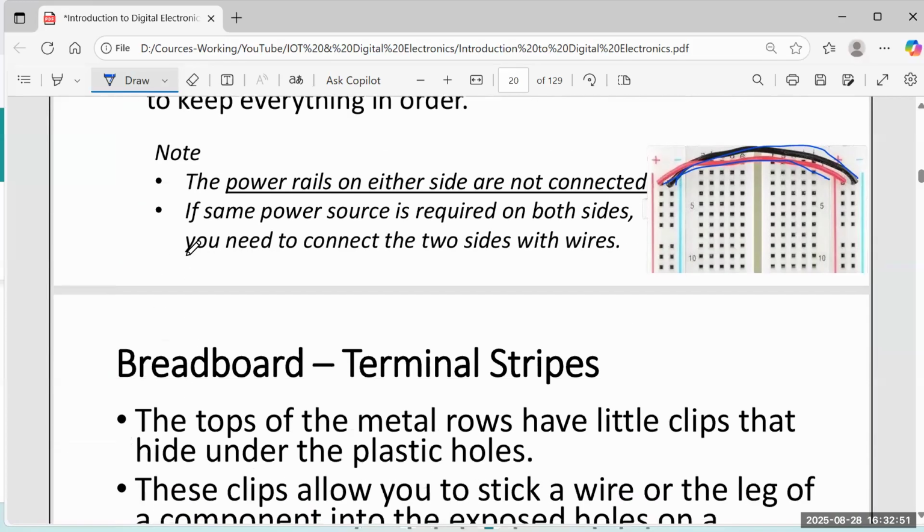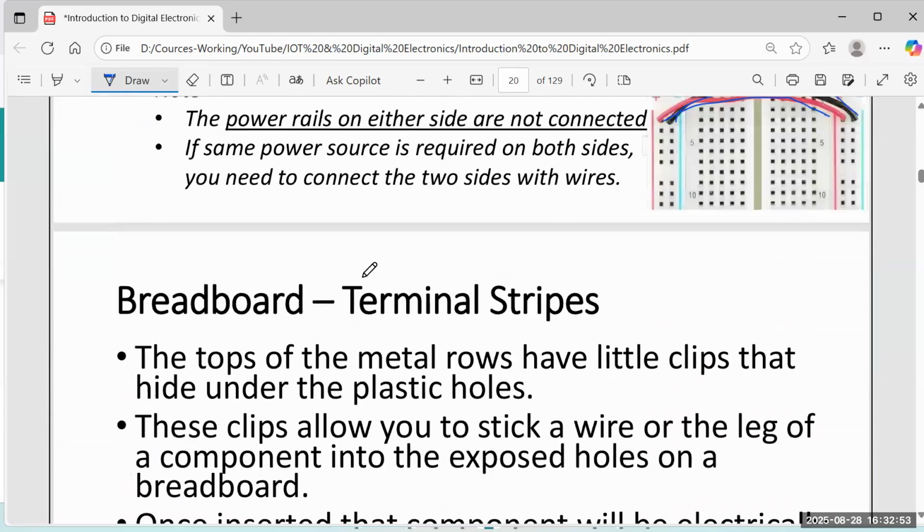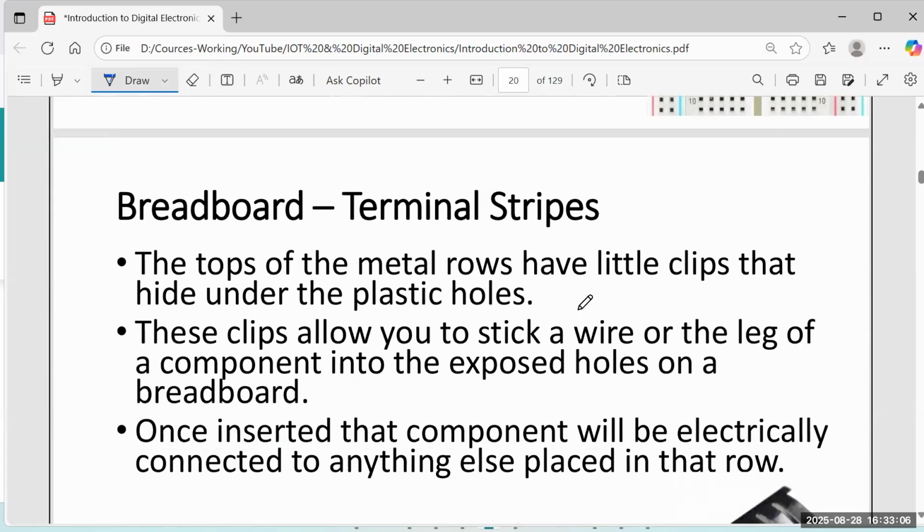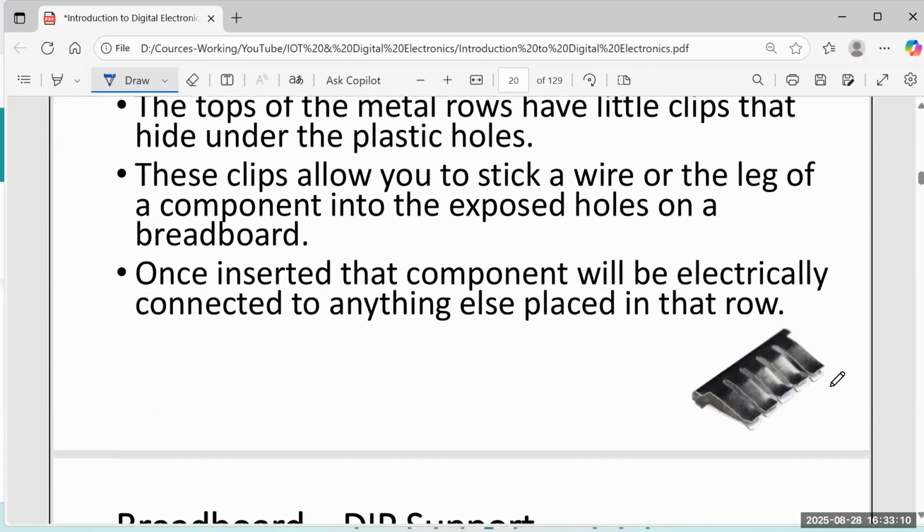As I told you, in each and every hole you can fit a resistor or any other device. When you push it in, it will stick, because every hole has terminal stripes like this that lock it.